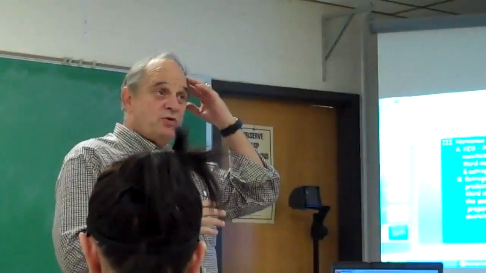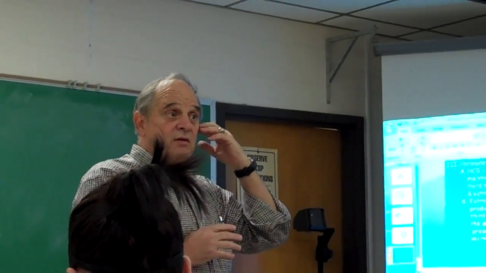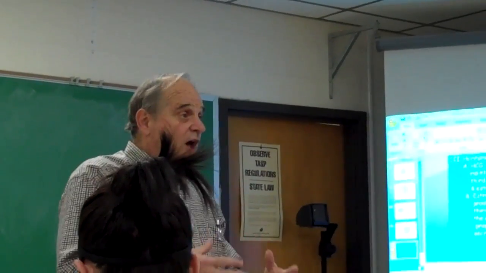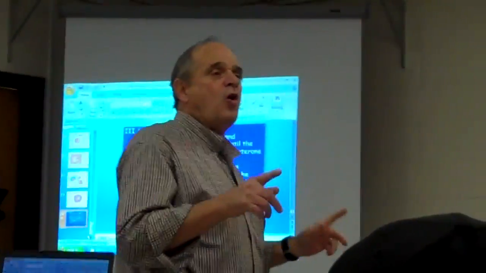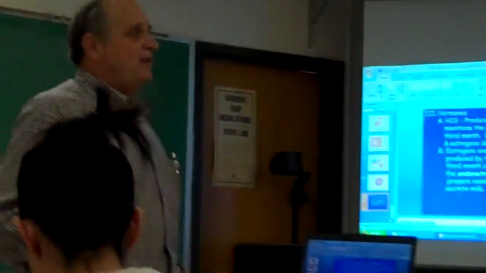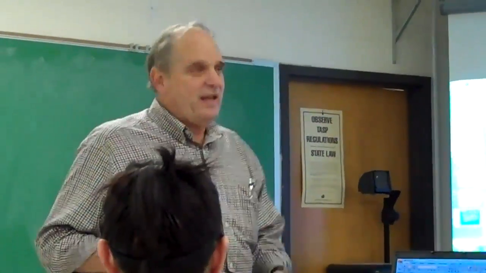Make sure you know the anterior pituitary produces FSH. The target organ of FSH is the ovary, and it causes the follicle to develop. And as the follicle develops, what happens? It begins to produce the estrogens. And also, make sure you know that estrogen is not one hormone. Most people coming into this class don't realize that. They say the estrogen hormone, or the estrogen. It's the estrogens. So make sure you understand that sort of stuff.